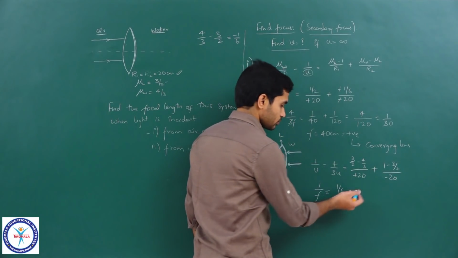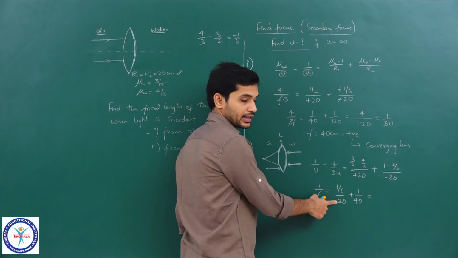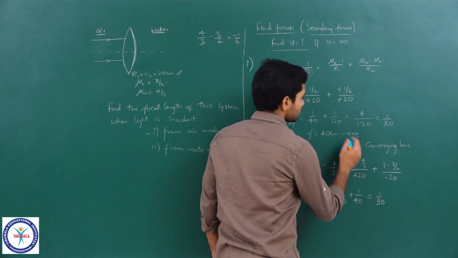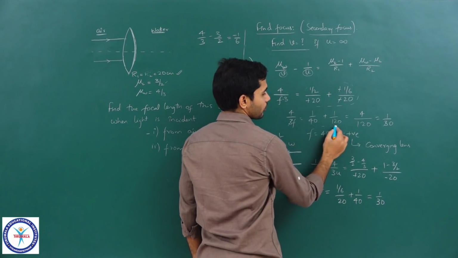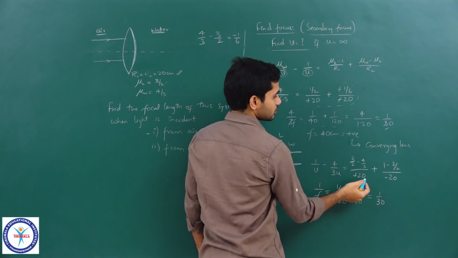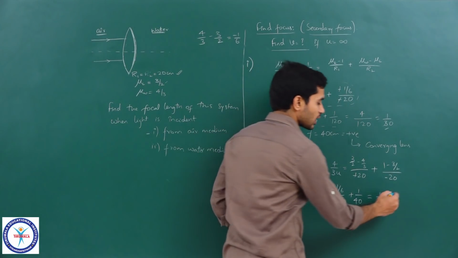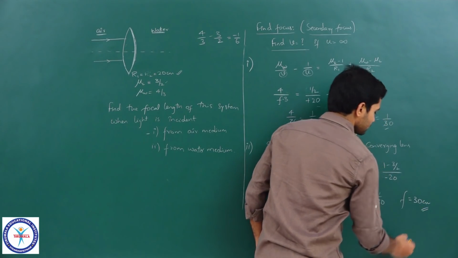Clear? So 1 by 6 by 20, 1 by 120, plus 1 by 40. We have just calculated that as 1 by 30, right. So this value is the same, which is 1 by 30, correct. So we get 1 by 30 here, which means focal length in this scenario will be equal to 30 centimeters.